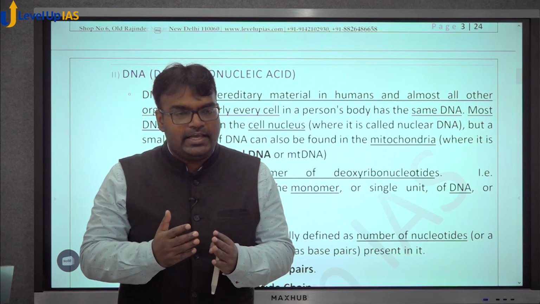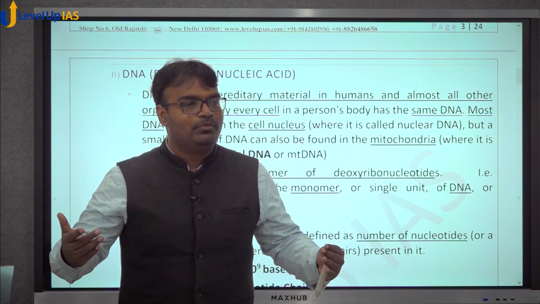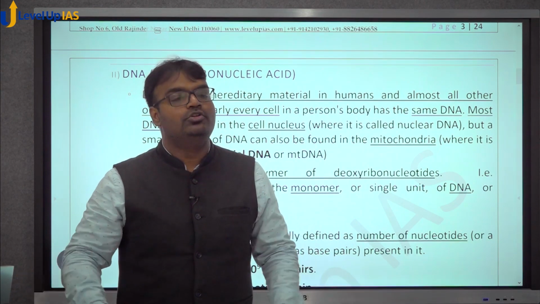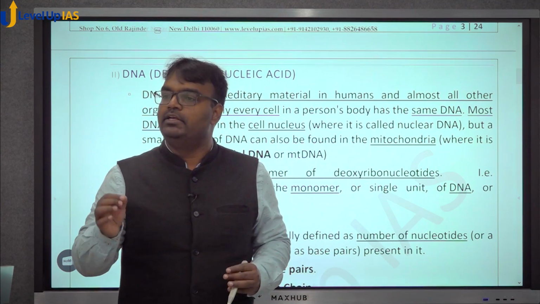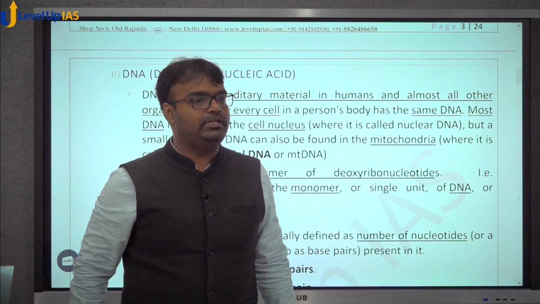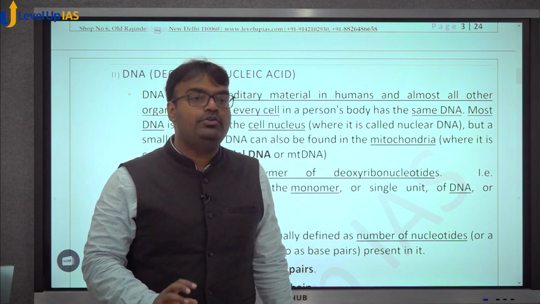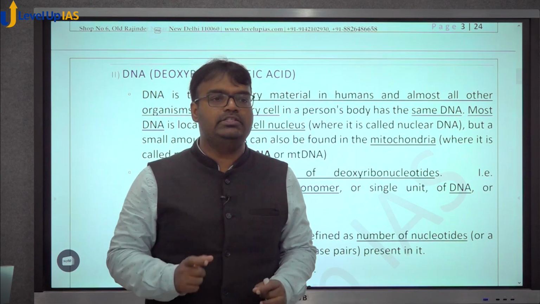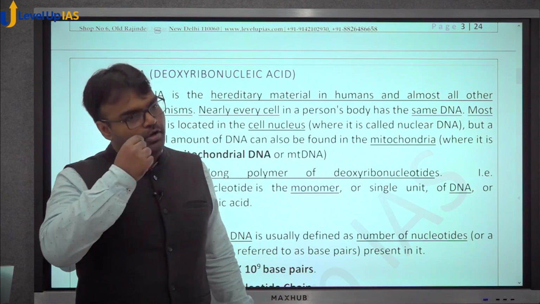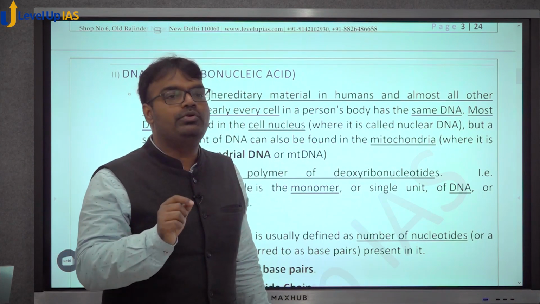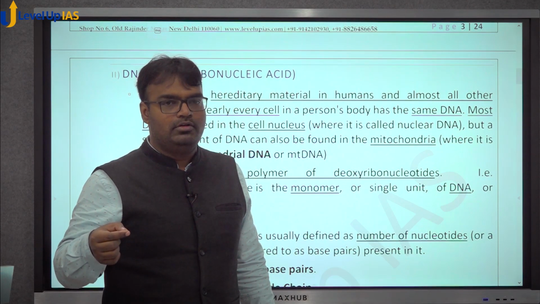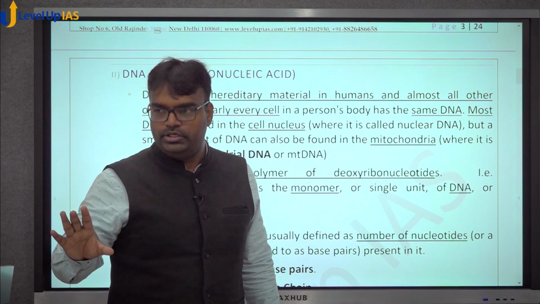Now this fertilized egg has multiplied and all our cells have been formed from this egg. So almost all our cells contain the same DNA material. Some cells do not contain a nucleus, that's different, but otherwise if it contains a nucleus, so if you take one cell of mine, you can identify my DNA. Got it?